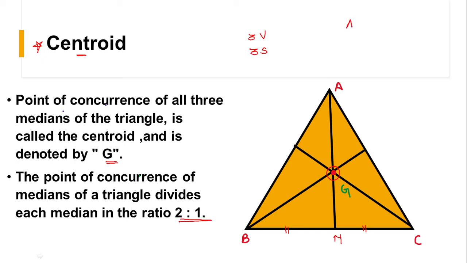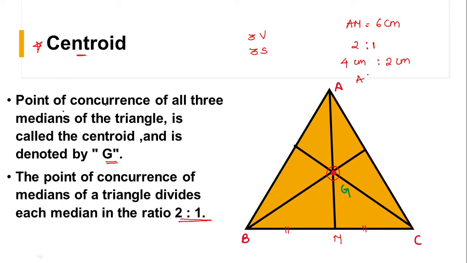Suppose AM is 6 centimeter. This point G will cut it in such a way that it is divided in the ratio 2:1. AG will become 4 centimeter and GM will become 2 centimeter.